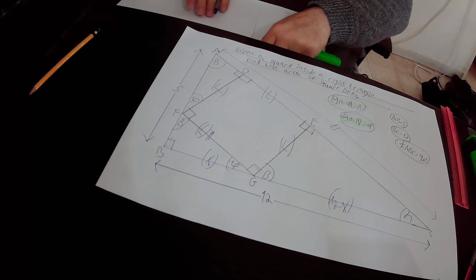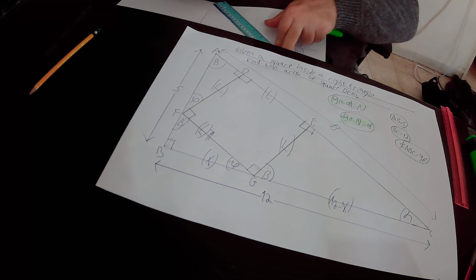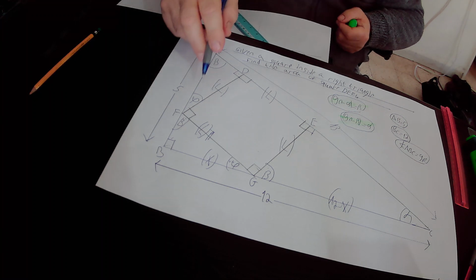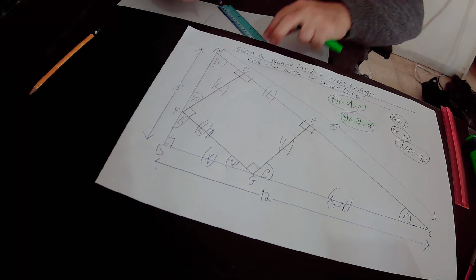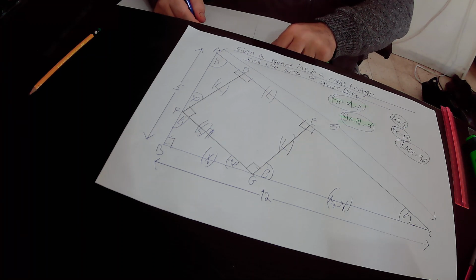And from the fact that the right triangle ABC is similar to the right triangle FBG, we derive that the following relationship exists between their sides.